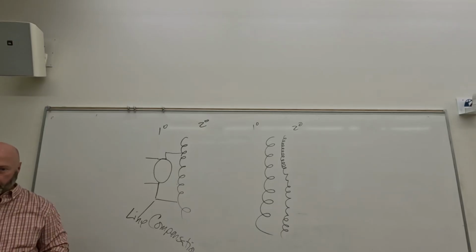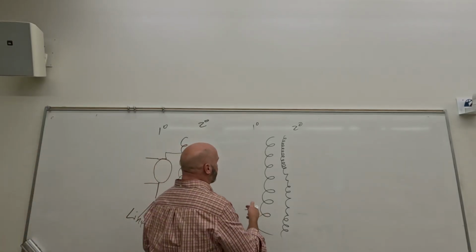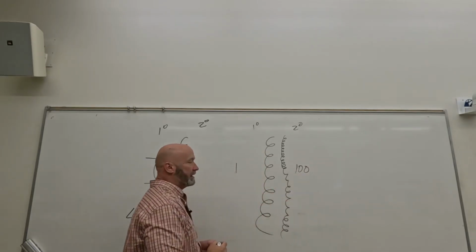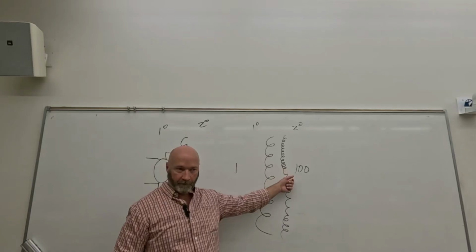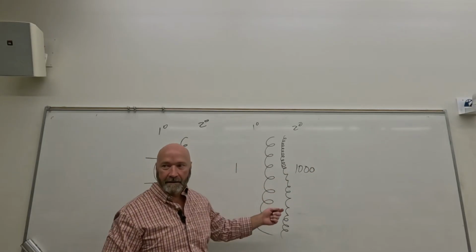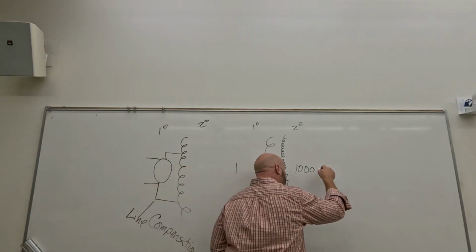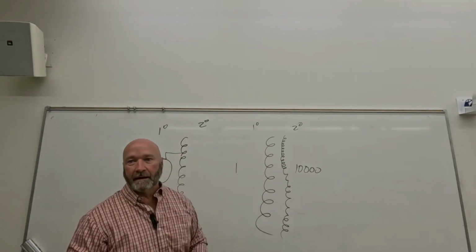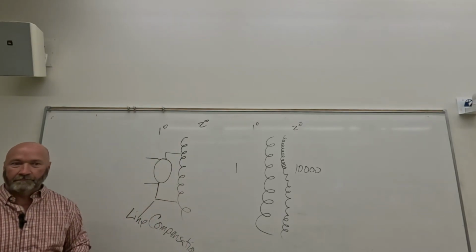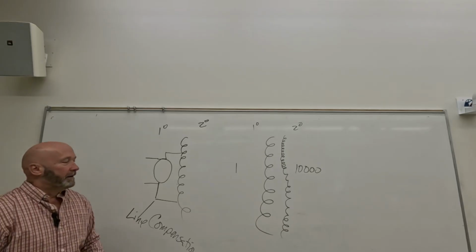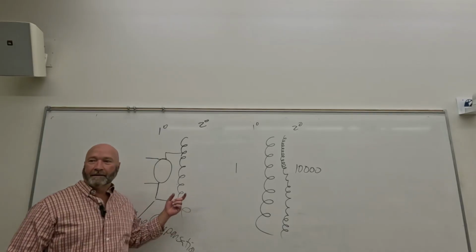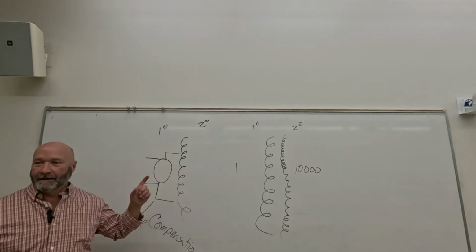If our turns ratio is 1 turn on the primary side to 100 turns on the secondary side, then our voltage is going to go up by 100 times. If it's 1 to 1,000, 1,000 times. If it's 10,000, 10,000 times. That's because it behaves according to the transformer law, right? Now, Bushong is going to talk about the autotransformer, and he sneaks in the autotransformer law.